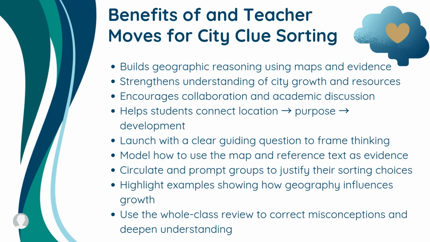As you circulate, prompt students to justify why a clue fits a certain city rather than just telling them yes or no. During the class review, highlight strong examples of cause and effect thinking, such as how Galveston's port made it a major trade center and how Austin's political role influenced its growth. This debrief is where misconceptions get cleared up and where you help students make the bigger geographic connections.